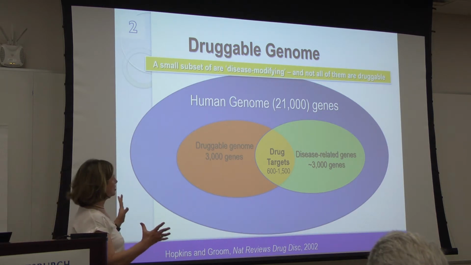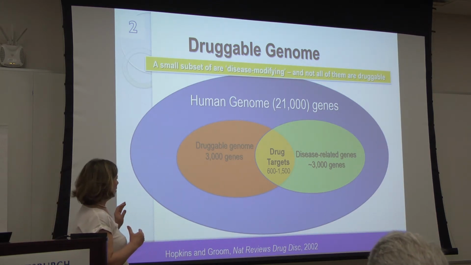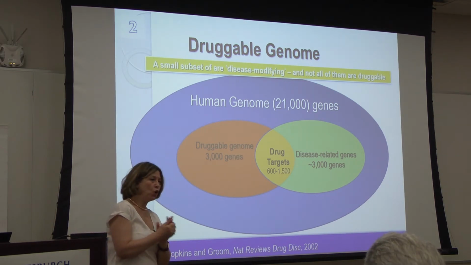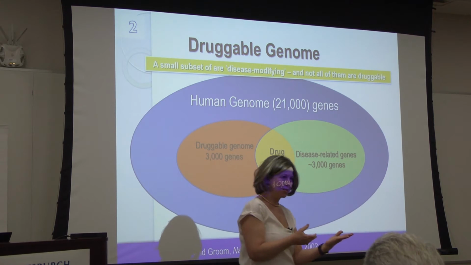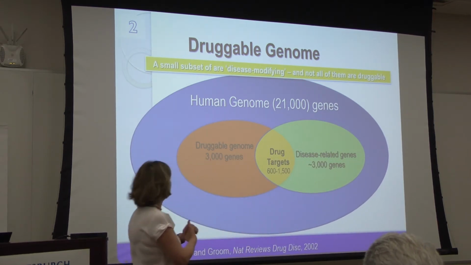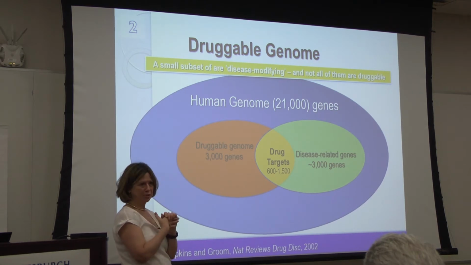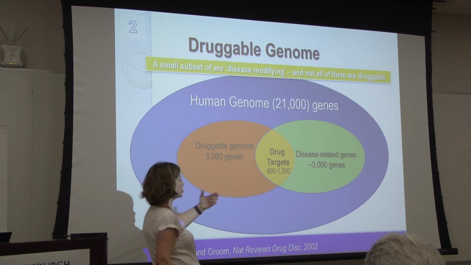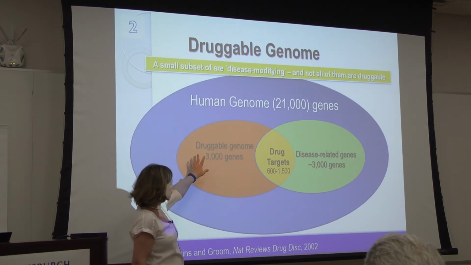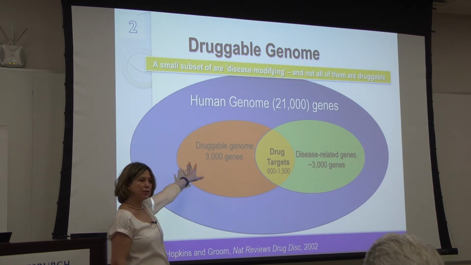Now, the idea is that in your genome, your genes are expressed as proteins, but not all proteins are druggable. Those genes that express proteins that are druggable amount to a small fraction of all proteins.